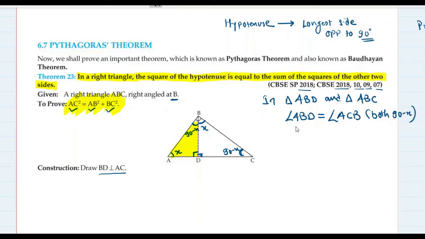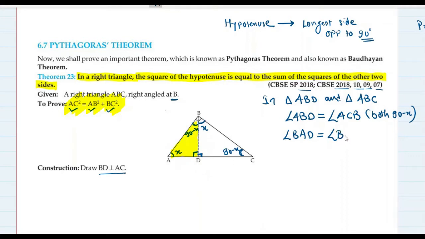Okay. After this, you will write angle BAD is x. Which angle is x in the bigger triangle? In the bigger triangle also, this same angle is x. In the smaller triangle, angle BAD is x. In the bigger triangle, angle BAC is x.